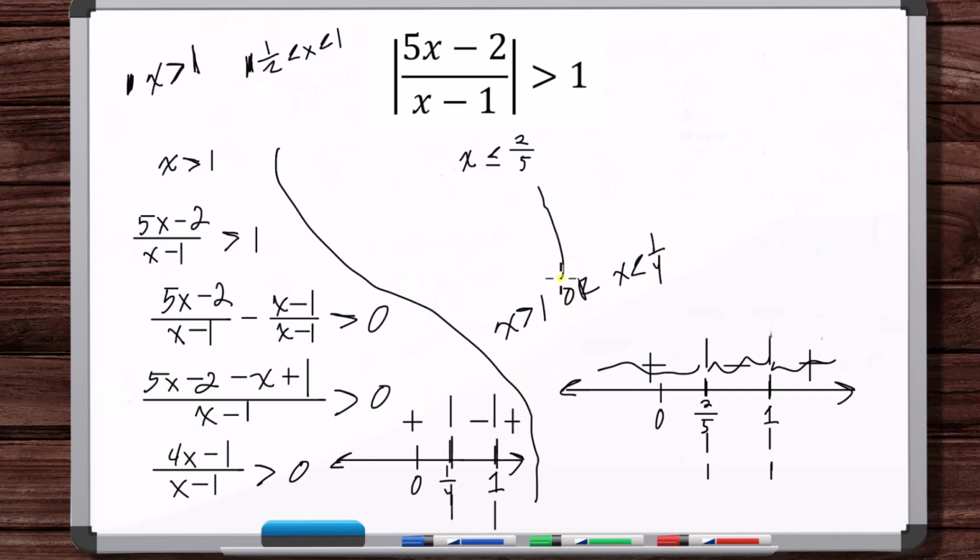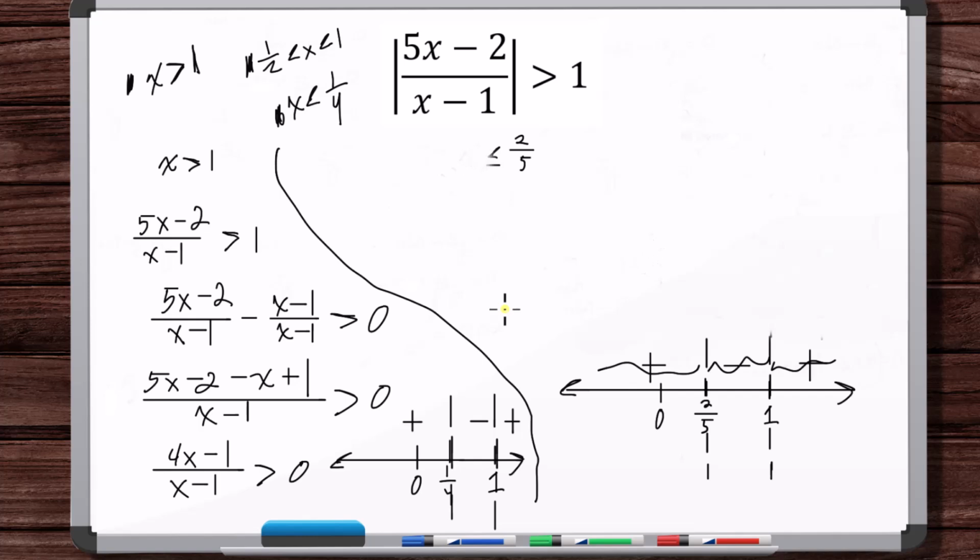Okay, but where do these cross over? 2/5 and 1/4. 1/4 is 0.25, 2/5 is 0.4. So it's going to be x is less than 1/4 is where they cross over, right? So, okay, x is less than 1/4. There we go. And so now that's everything.